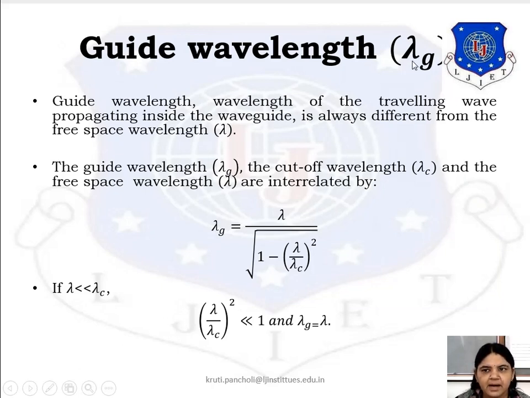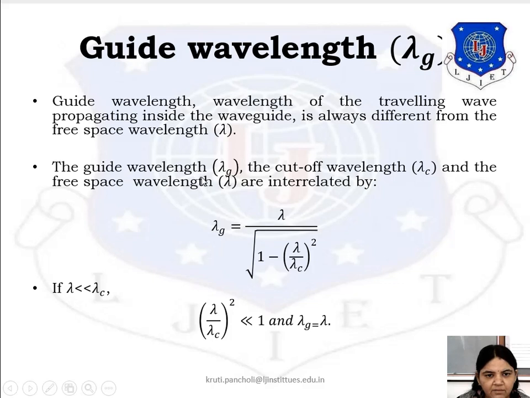It is denoted by lambda g. What is the guide wavelength? The wavelength of the traveling wave propagating inside the waveguide is always different from the free space wavelength. The free space wavelength is lambda, and inside the waveguide the wavelength is different.